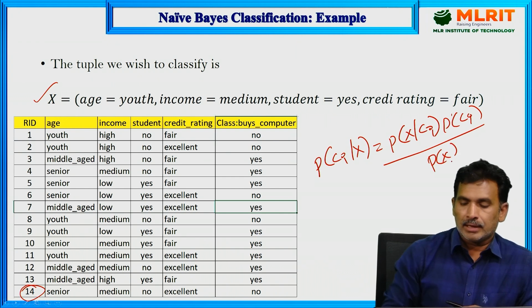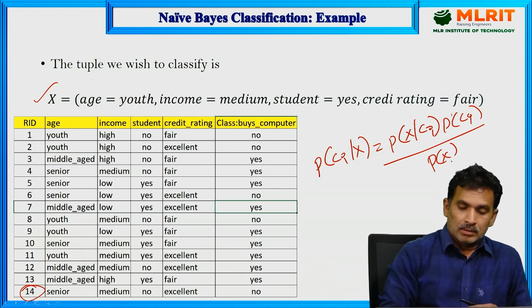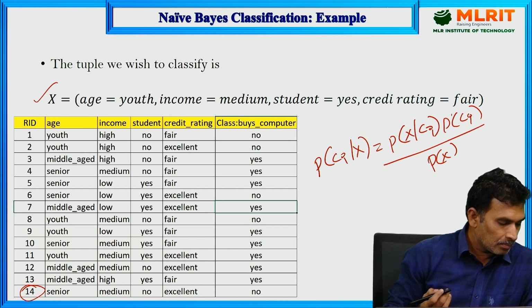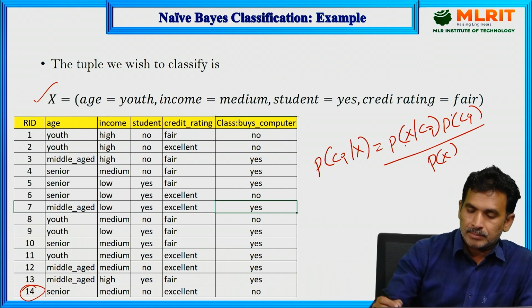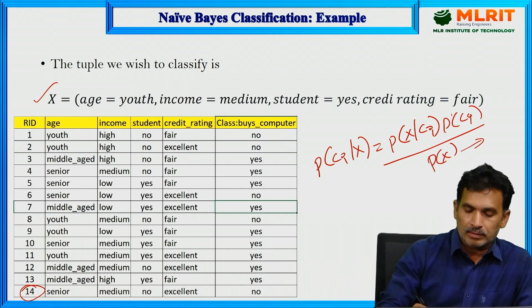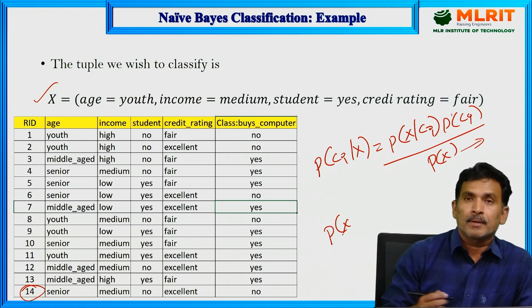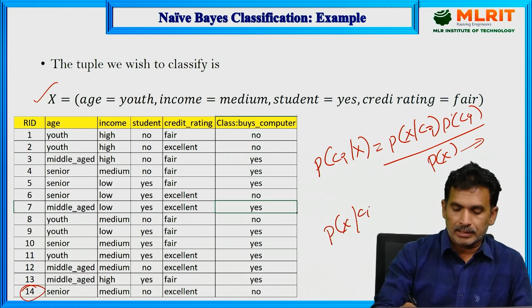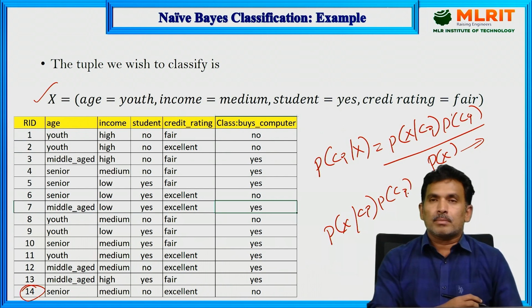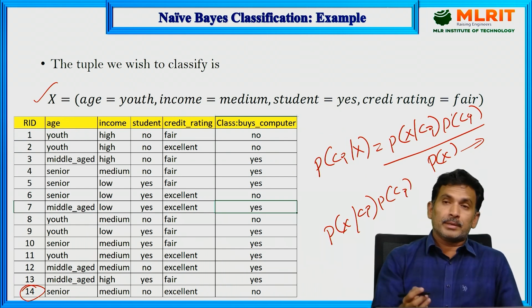Here the probability of x is a constant, so we have to maximize probability of x given Ci times probability of Ci. This is the posterior probability and the class prior probability.